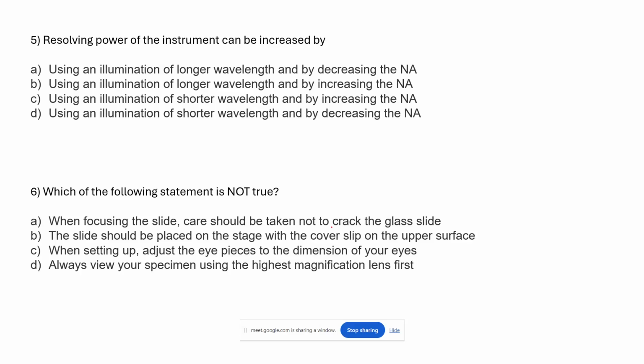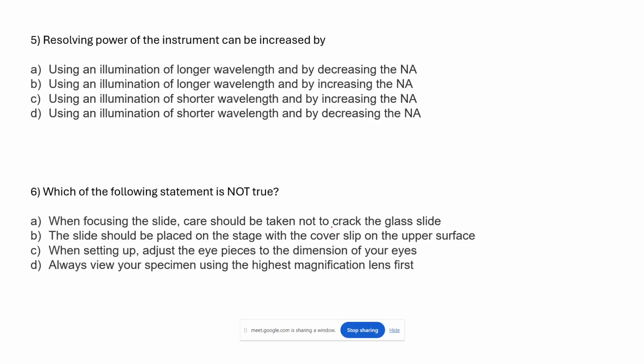So for resolving two things, we require a longer wavelength. And what about the numerical aperture? If the numerical aperture is too big, then we will not be able to resolve things easily, because that will have more aberrations.